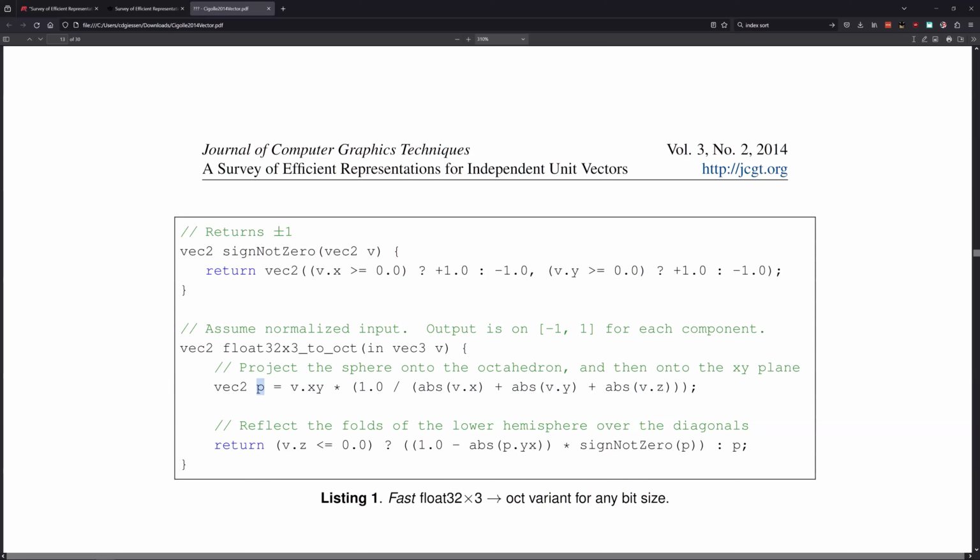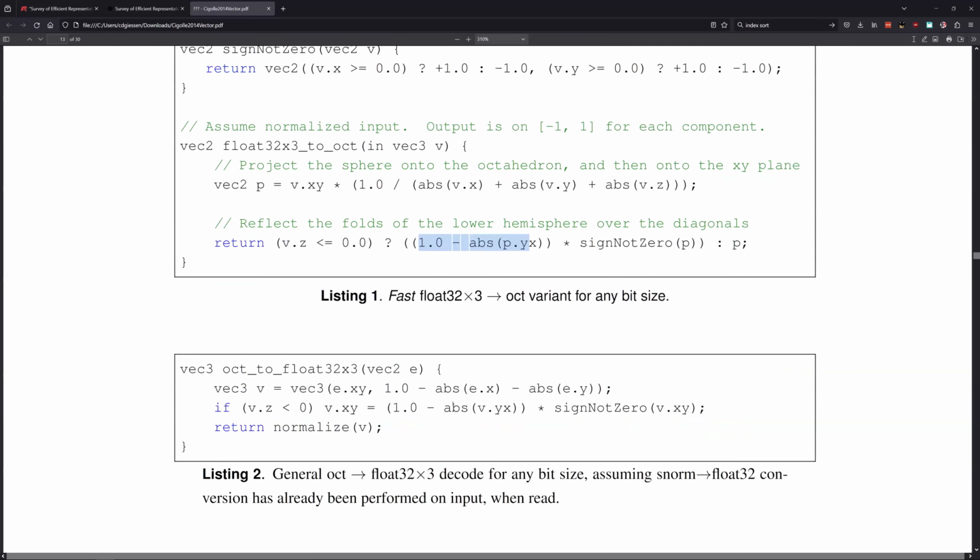And then reflect across that if it's less than 0. And this is our sign, not 0 being 1 or -1 for each x and y axis. And it's another ternary, so we either do the flip or we just return it as is. Okay. And so this is our fast version.